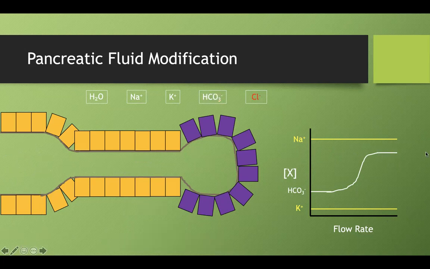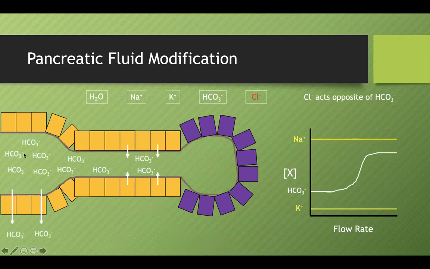And the nice thing about chloride is it's going to do the opposite, and I'll show you why that is. So if bicarb's secreted here, bicarb starts to move distally, and we know bicarb can be reabsorbed. What's going to happen at low flow is that there's going to be more time for bicarb reabsorption, like we talked about. And why does chloride have anything to do with this?